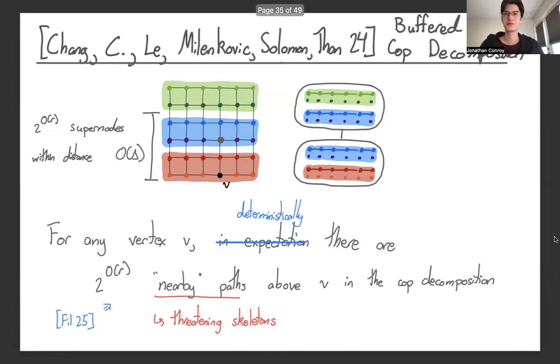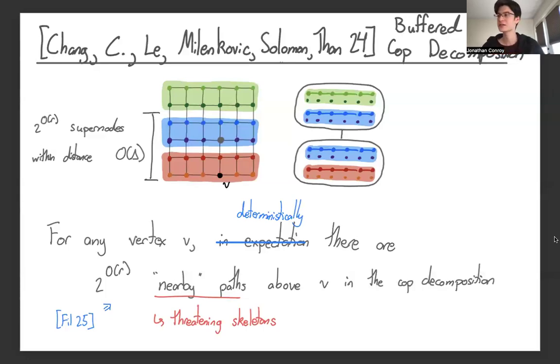Okay, so recently we introduced a variant of the COP decomposition called buffered COP decomposition. Essentially, the buffered COP decomposition gets this well-separated property of supernodes deterministically as opposed to in expectation. And the buffered COP decomposition wasn't introduced for padded decompositions. It was used for some other problems. But earlier this year, Arnold showed that one can view the buffered COP decomposition as providing a deterministic bound on the number of threatening skeletons for any vertex v.